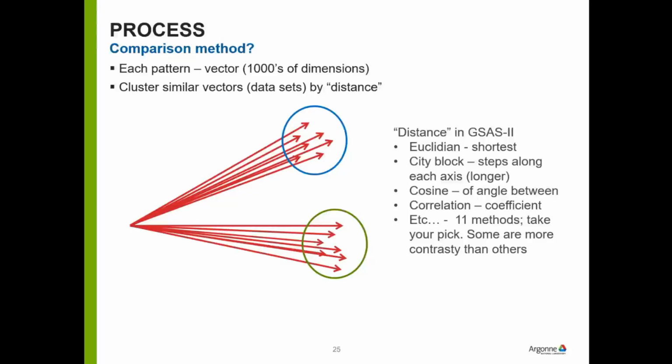If it's 1, then they're associated. If it's much smaller than 1, a different correlation coefficient, and so on. There are 11 different methods available to you for picking out what is meant by distance. And some of them are more contrasty than others, so you have to just sort of try them out and pick out your favorites.